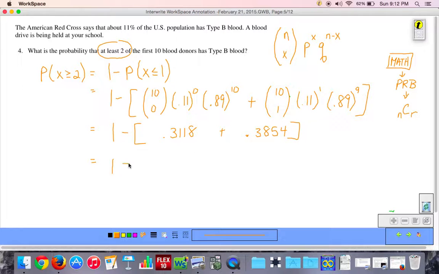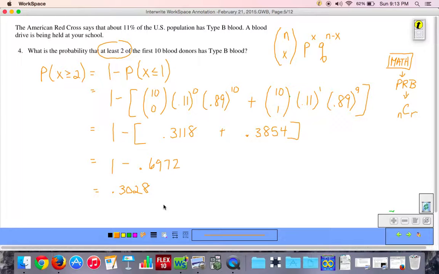So then it becomes 1 subtract 0.6972, which gives me 0.3028. So again, all of this can be done in my calculator. I just have to show that I know how to plug into the correct formula. All of this can be done in my calculator as well. And we would read this as 10 choose 1.